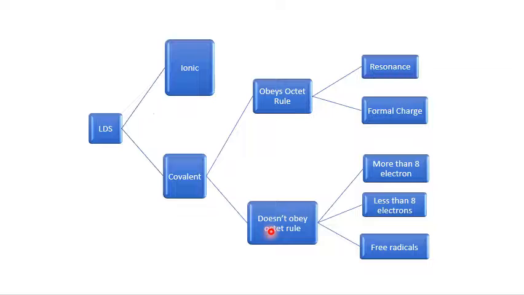Under don't obey the octet rule, we saw compounds with a central atom with more than 8 electrons, and compounds with a central atom that contains less than 8 electrons. In the next video, we will explain resonance, formal charge, and free radicals. Thank you for watching this video and learning how to draw Lewis dot structures.